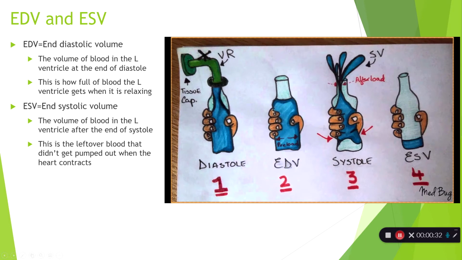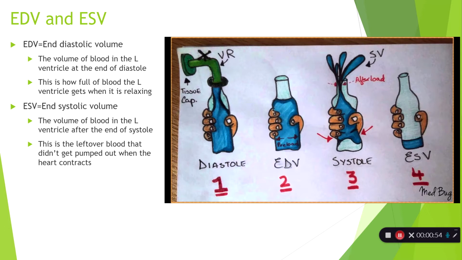So the first couple terms we're going to look at here are EDV and ESV. EDV is your end diastolic volume, ESV is your end systolic volume. When you think of diastole or systole, what you should be thinking about is the pressure that is being enacted inside the heart.